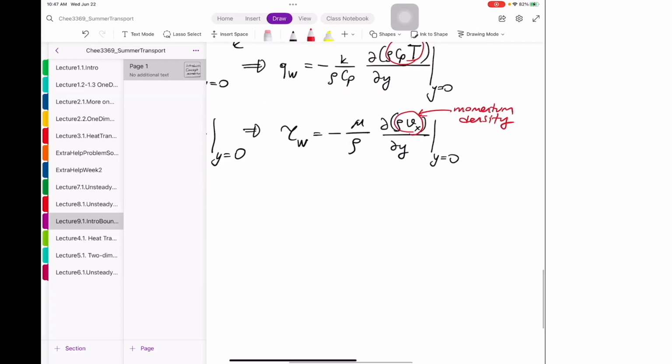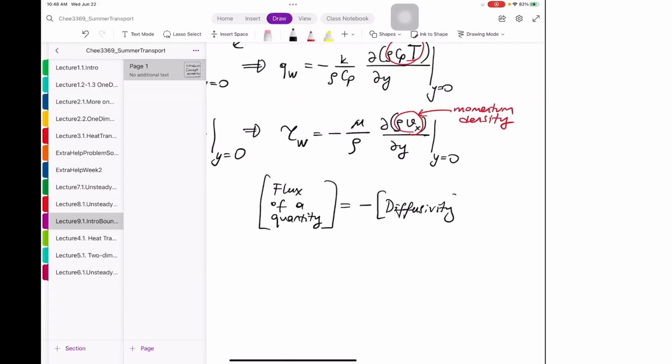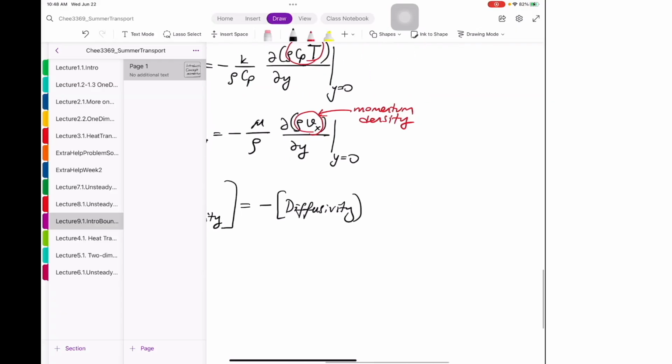So basically you obtain a universal equation: flux of a quantity is equal to minus some diffusivity times the gradient of the density of the quantity.